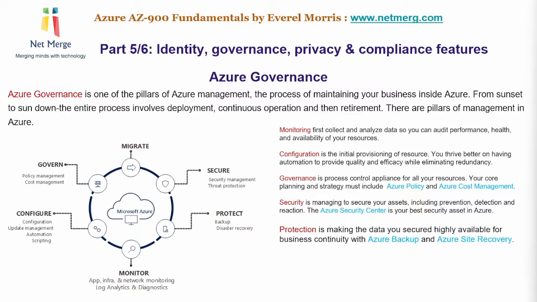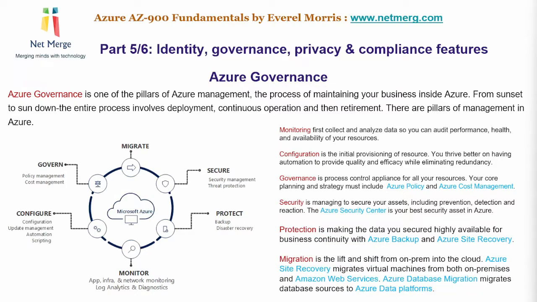So, all that is a part of the overall structure. Protection is making the data you secure highly available for business continuity with Azure Backup. Remember, we talked about disaster recovery and Azure Site Recovery. So, all those things contribute to the overall security posture.